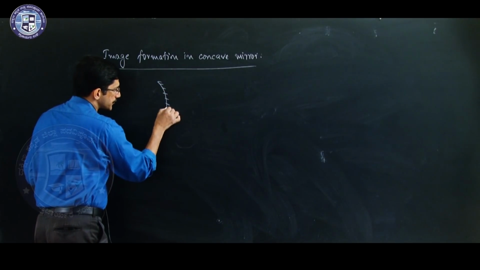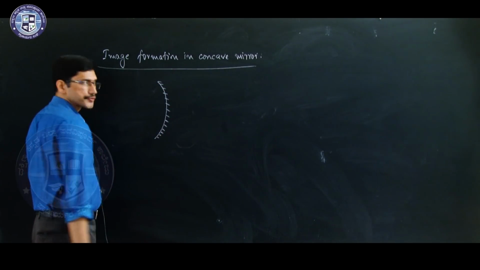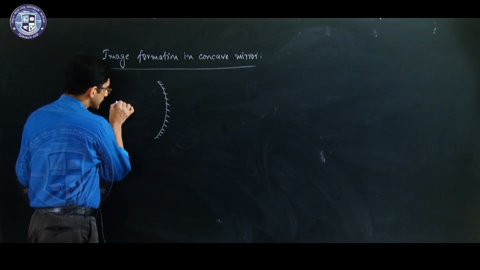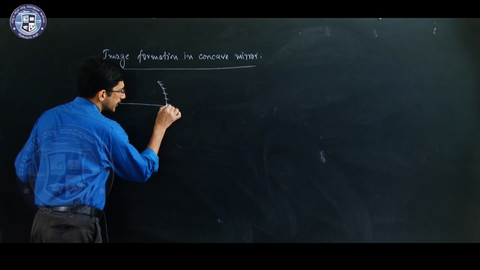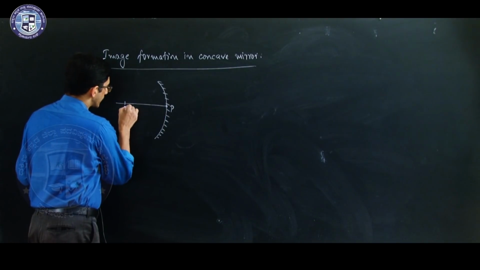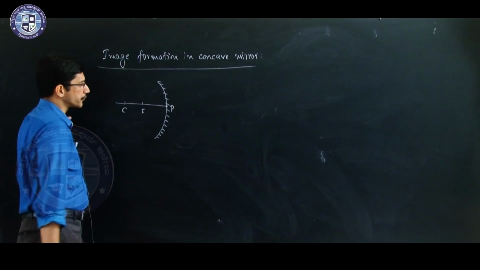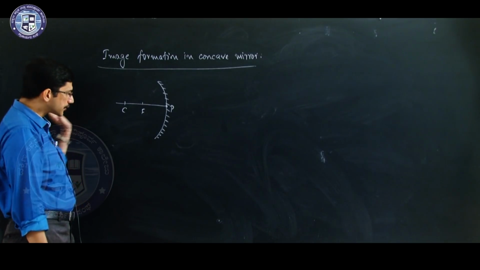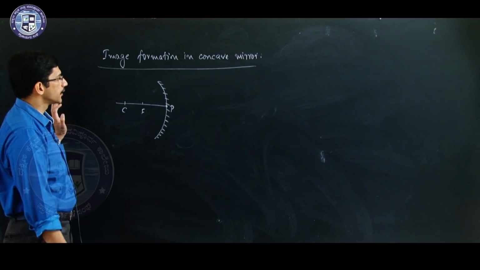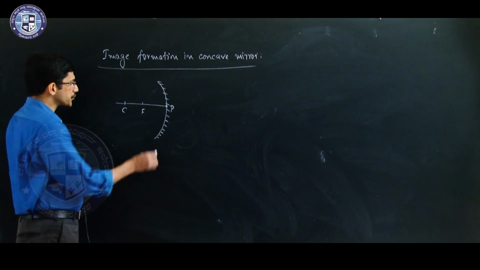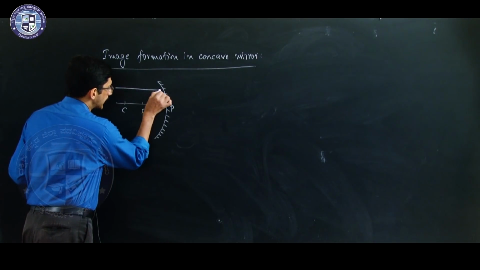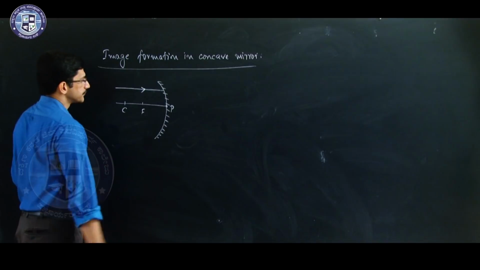The outer surface is polished, therefore the outer surface is opaque, and the reflection is taking place from the inner surface. This is the pole, and somewhere here you have the center of curvature, and here there is the focus. So, we will consider the rays which are used in the formation of image. One of the rays is parallel to the principal axis.